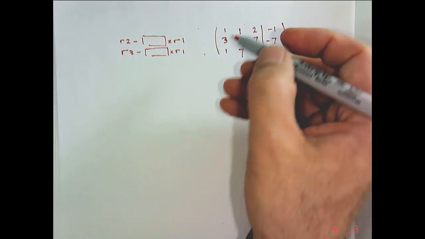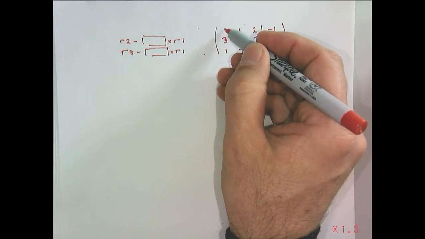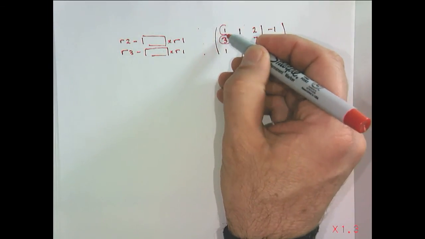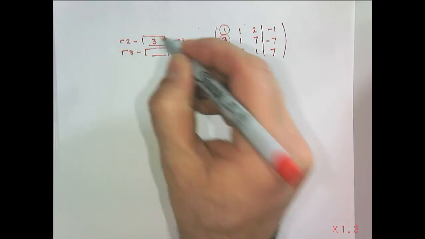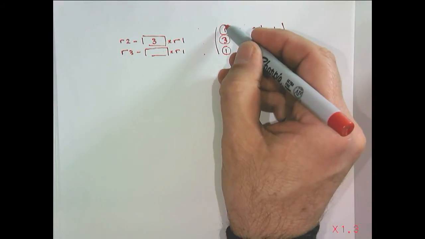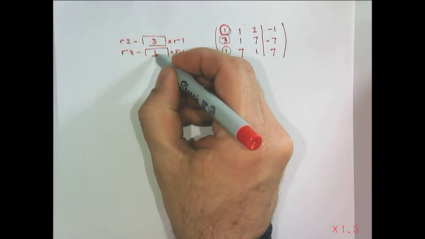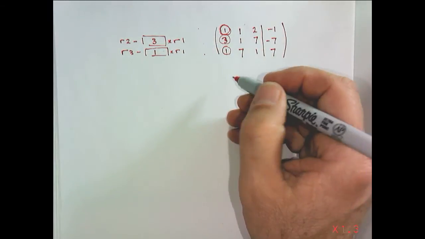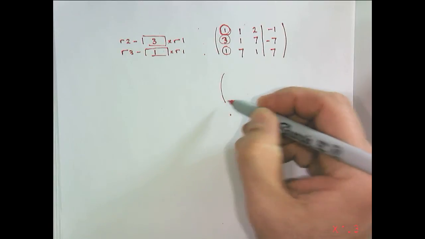And what is that going to be? Well, just like before, we compute the multiplier by looking at this divided by that. So that gives us a 3. And we might as well go ahead and compute the multiplier for this right here. And that becomes 1.